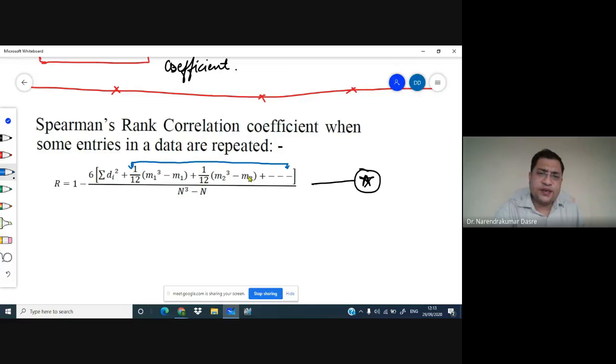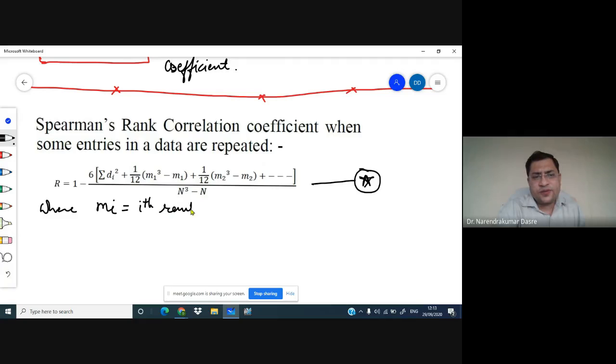We can write here, where mi is equal to the ith rank repeated mi times. So m1 is the first rank repeated m1 times, m2 is the second rank repeated m2 times, and so on. This is the additional thing that we have to take care of.